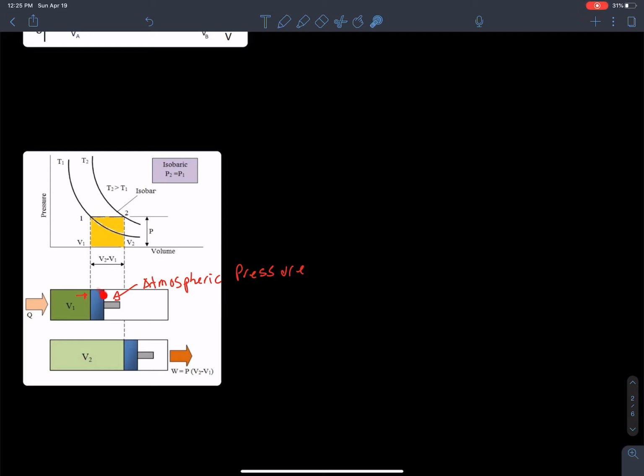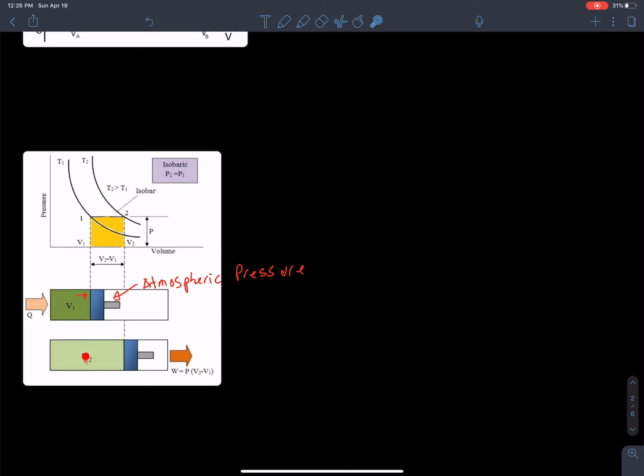If it's very low friction on those walls, as the pressure starts to go up, an equilibrium is going to be made. Remember, pressure is force divided by area. So the force here is going to be greater than the force there, so it's going to push that piston out and try to maintain the pressure constant inside. So in an isobaric process, the piston immediately expands when heat goes in.